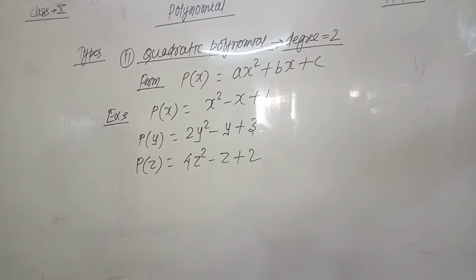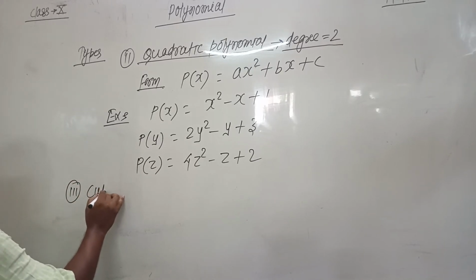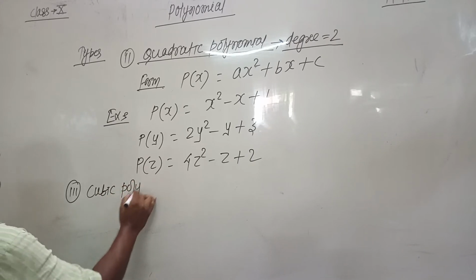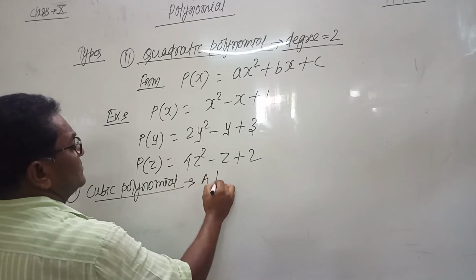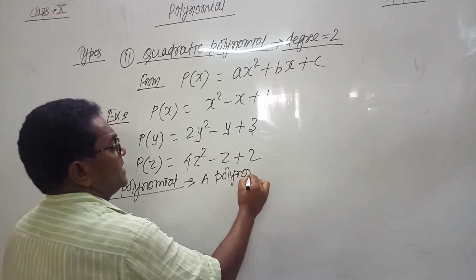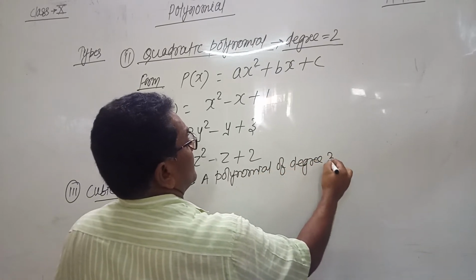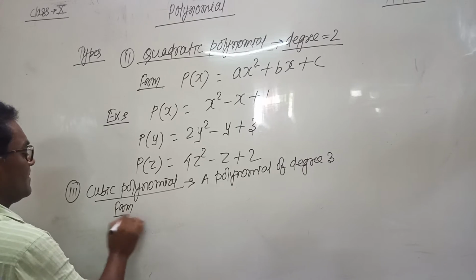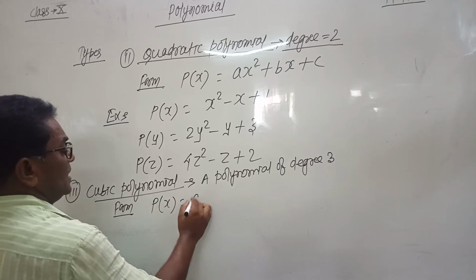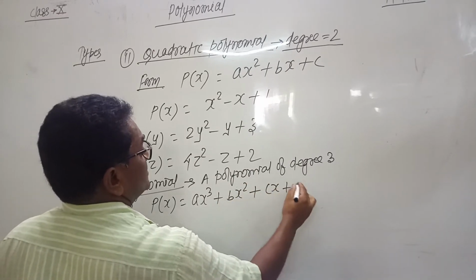And third is cubic polynomial. A polynomial of degree 3 is called a cubic polynomial, and its form is px equals ax cube plus bx square plus cx plus d.